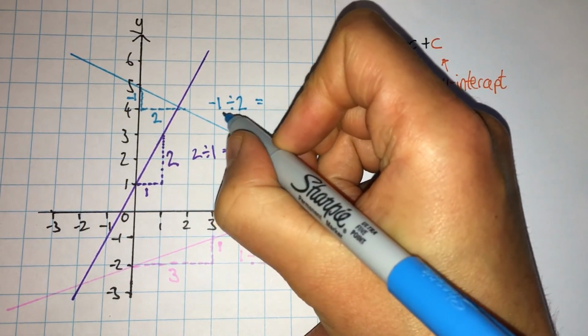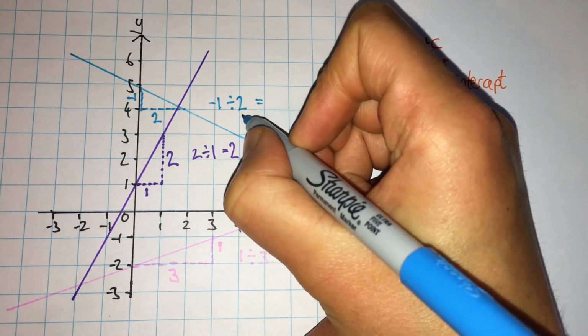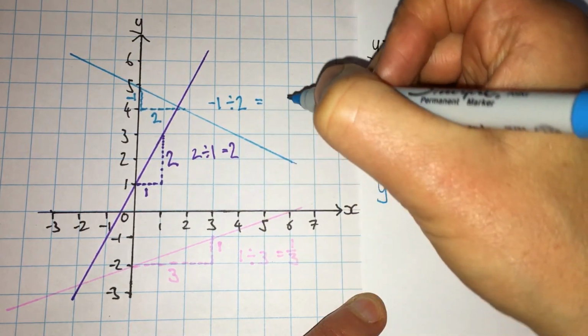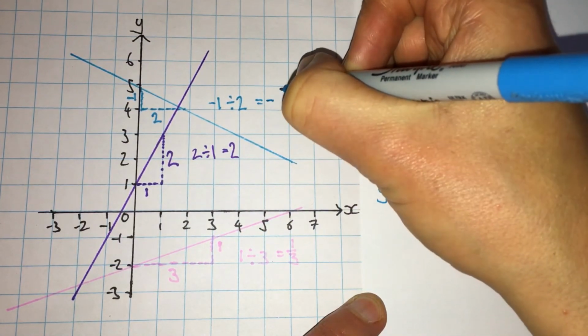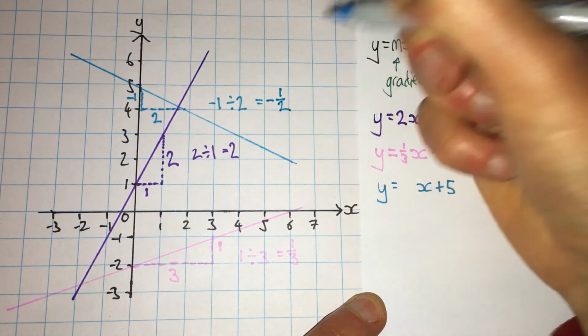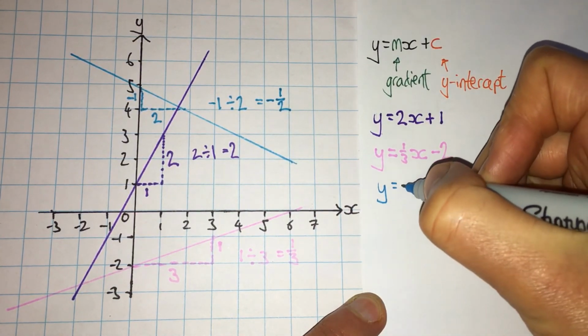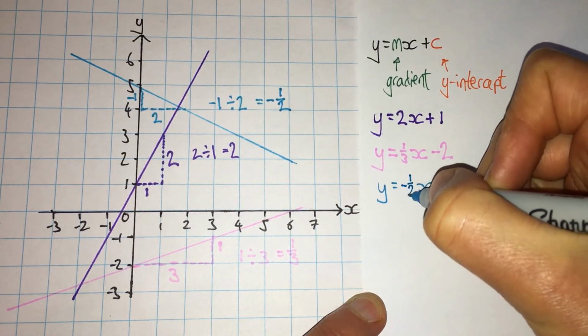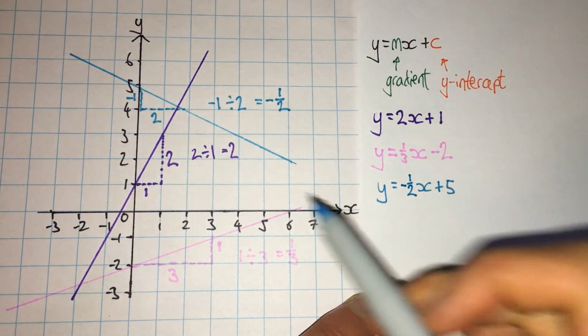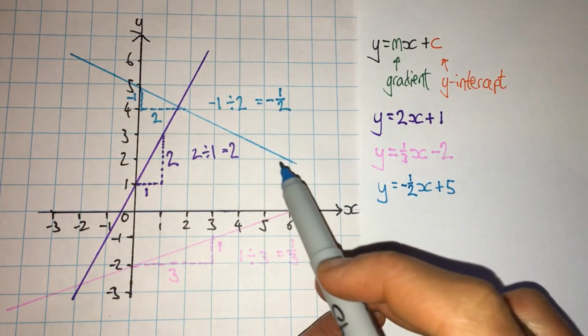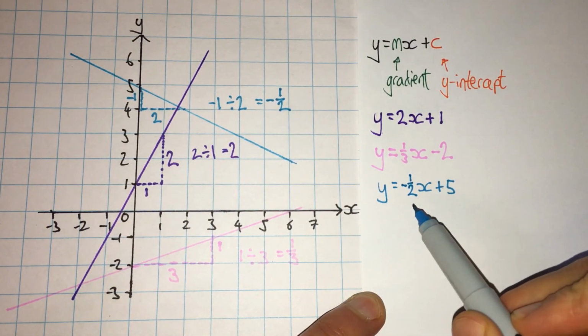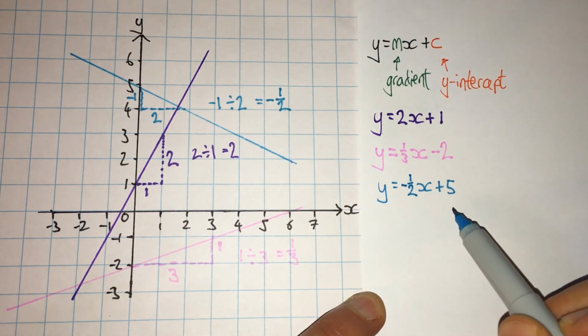So -1 divided by 2 is -0.5, but I'm going to leave it as a fraction. So I'm going to write minus a half, which I think is much neater when we write out equations. So here I will write minus a half as the gradient. So the equation of this line here, the blue one, is y equals minus a half x plus 5.